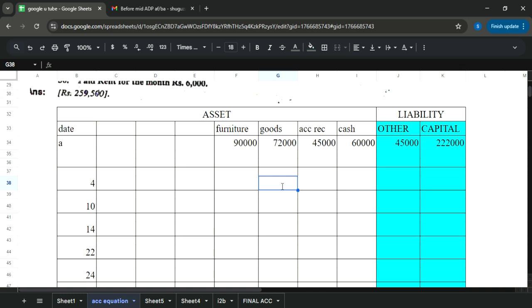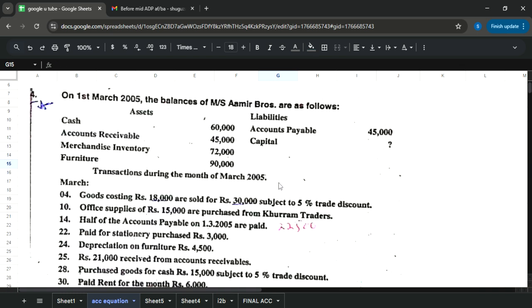Goods costing 18,000 are going out, but they have been sold for rupees 30,000, subject to a trade discount. So you will calculate the trade discount. I have earlier informed you that trade discount would not be recorded, only the net amount after the discount is recorded.